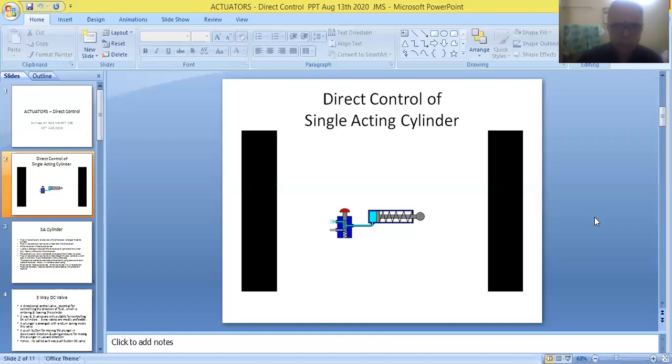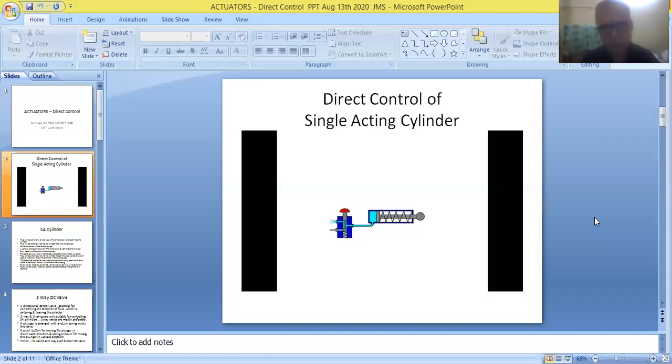Now, in the vertical position, if the piston rod is coming above the piston, it can be used for moving loads in upward and downward direction. And if the piston rod is arranged below the piston, then the cylinder can be used for performing pressing operations.